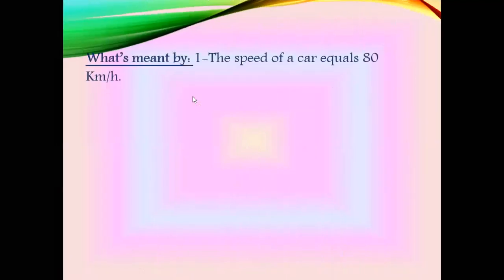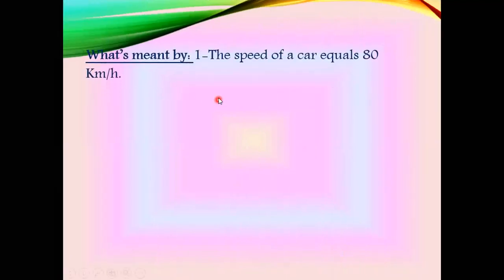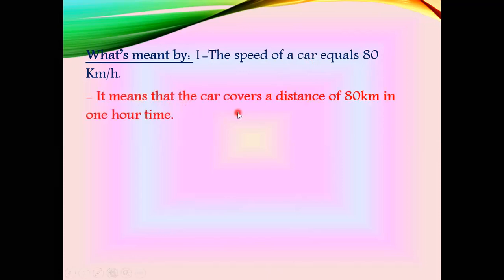Let's see some questions. What is meant by the speed of a car equal to 80 km per hour? Here we must understand what speed means. What does 80 km per hour mean? Let's see. It means that the car covers a distance of 80 km in 1 hour. 80 kilometers in 1 hour.